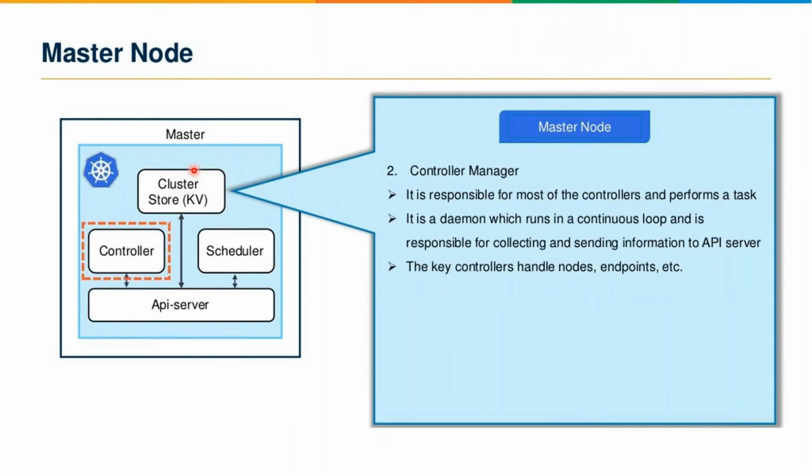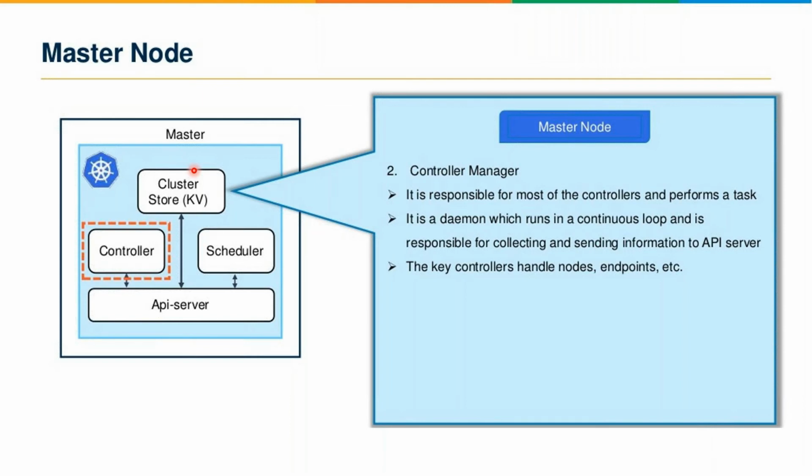Next one is the controller manager. It is responsible for most of the controllers and performs tasks. It is a daemon which runs in a continuous loop and is responsible for collecting and sending information to the API server.